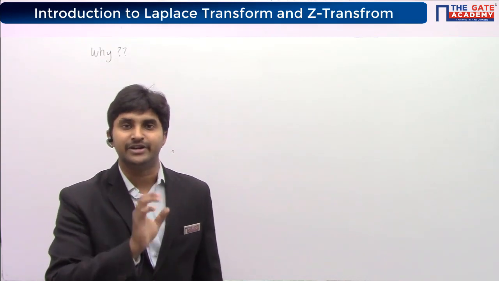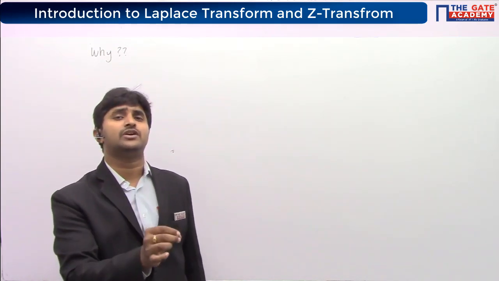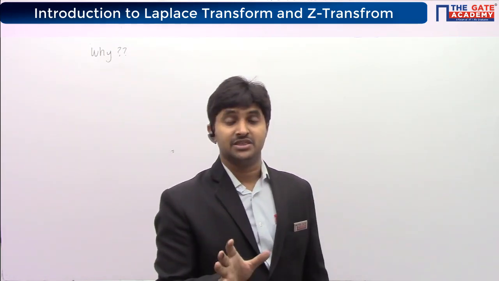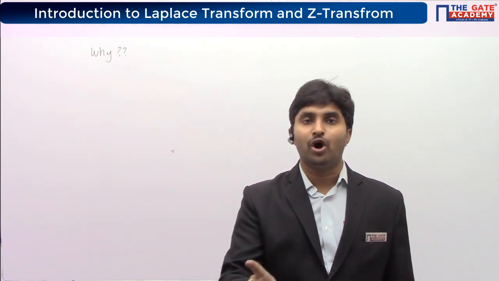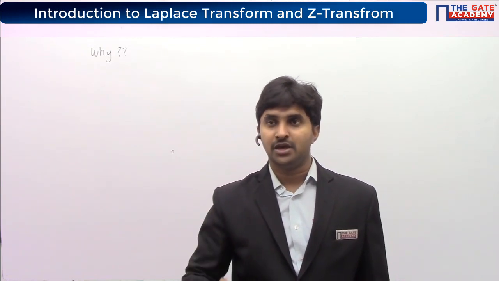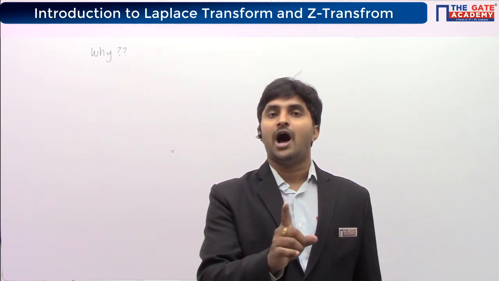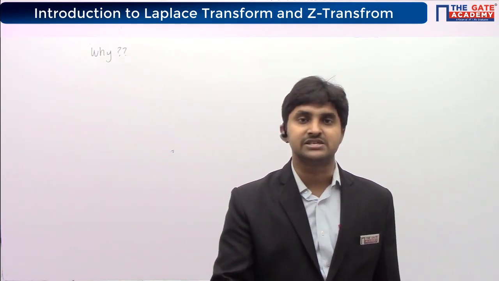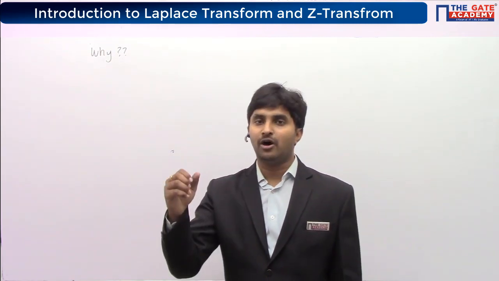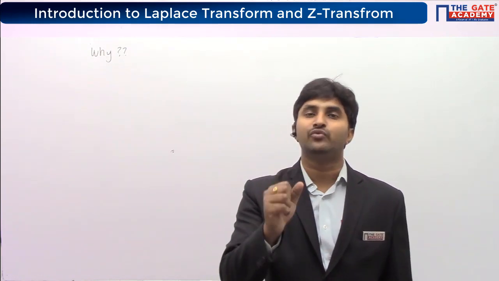Now what is that limitation? The limitation of the Fourier series and Fourier transform is that they cannot be generally applicable for unbounded signals or unstable systems. In both cases, your Fourier series and Fourier transform, or I can say the Fourier analysis, is going to fail.